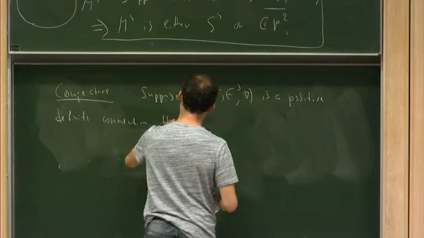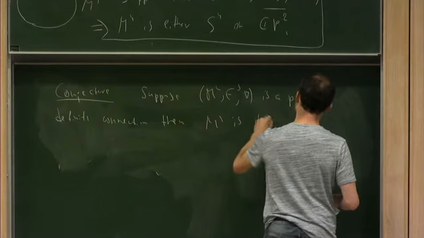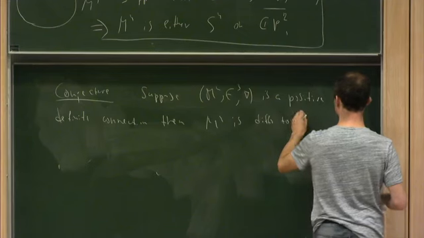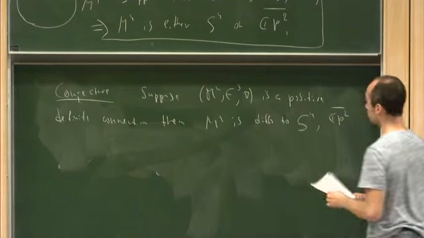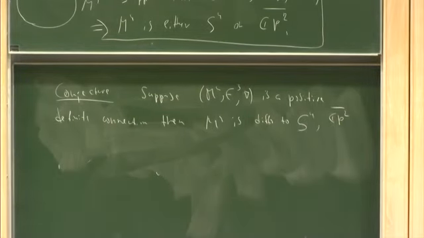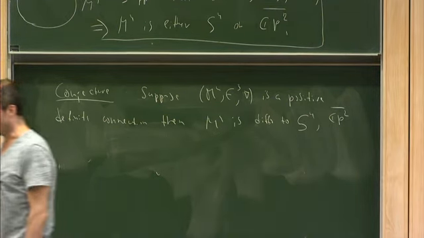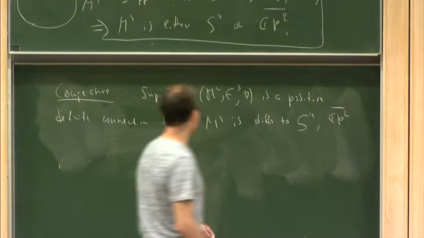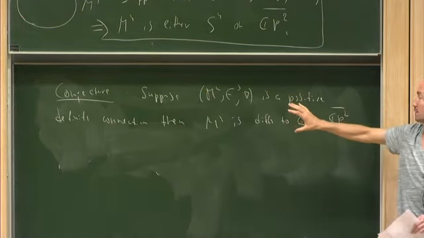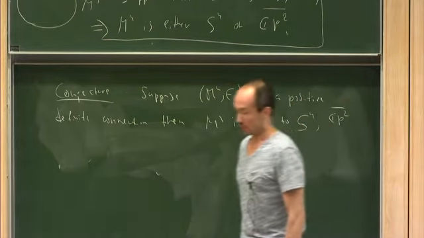Then M4 is diffeomorphic to either S4 or CP2 bar. And this is an analog of the Hopf conjecture somehow. Well, in some sense, the Hopf conjecture tells that S2 times S2 doesn't have positive sectional curvature. And we say that there are only two examples of such guys.